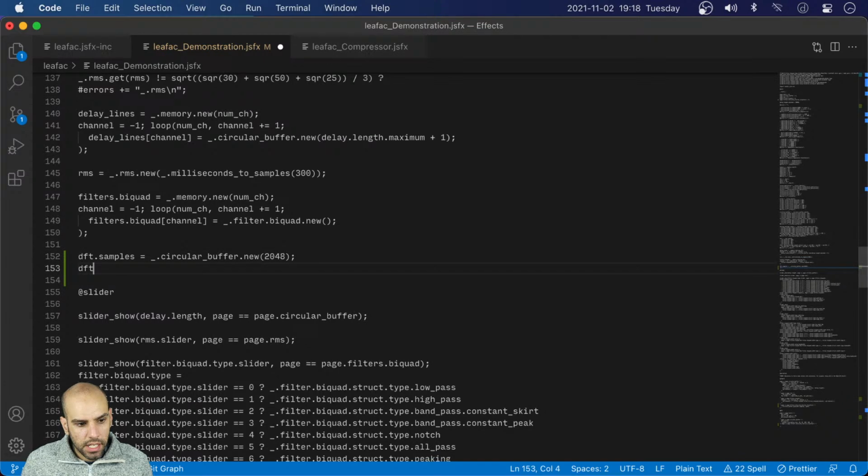I will have a DFT real, which is an array of this size. I need to divide by 2 and add 1.